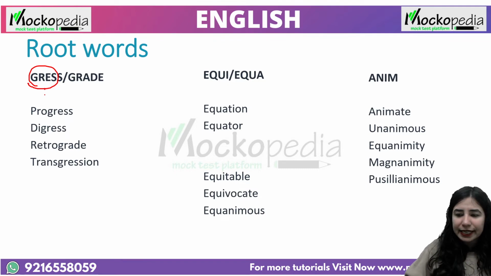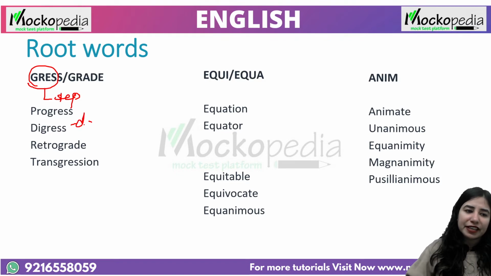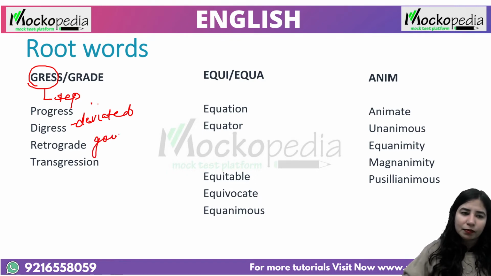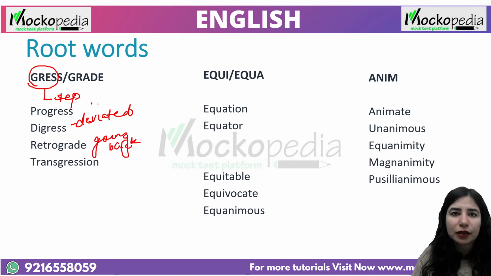So let's see, gress. Gress means to step. So progress is stepping forward. Digress is getting deviated. And what do we mean by retrograde? Retrograde means going back. Retro songs, I'm sure you have seen, or retro theme parties.